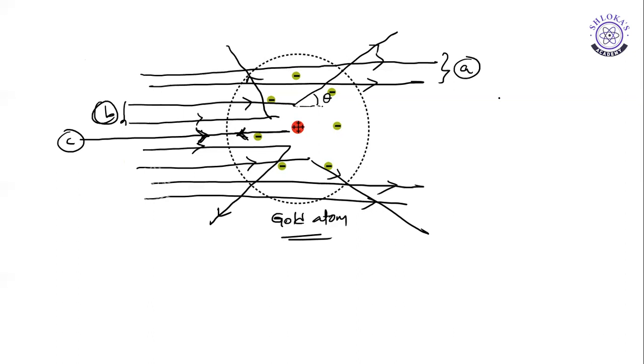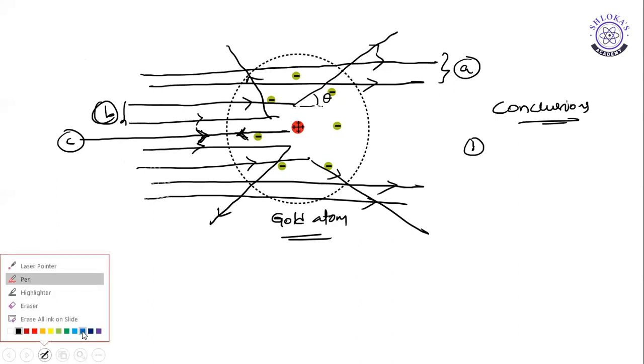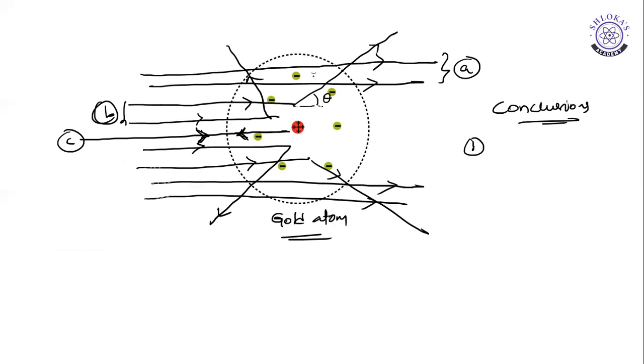From these three observations, they made three conclusions. From the first observation, they decided that most of the space in the atom is empty. Means there is no massive particle or positively charged particle. Because if you find any positively charged particle in this area, alpha particles must be repelled, since the charge on the alpha particle is positive, right?